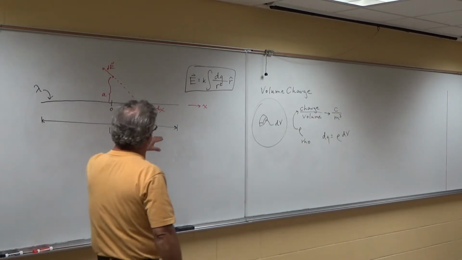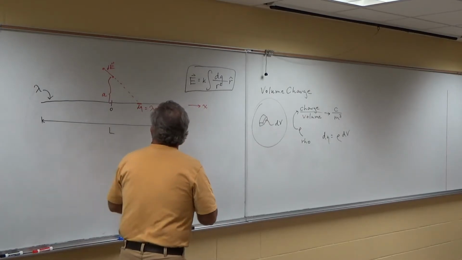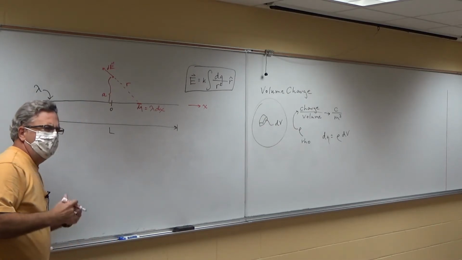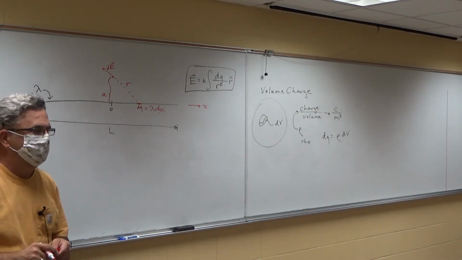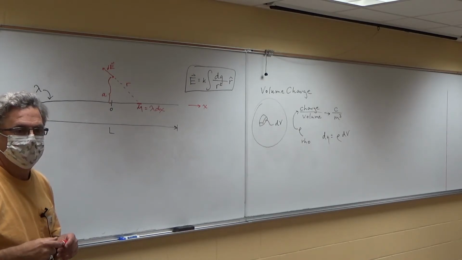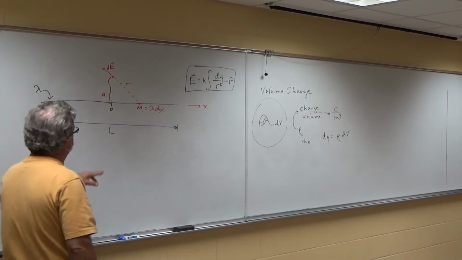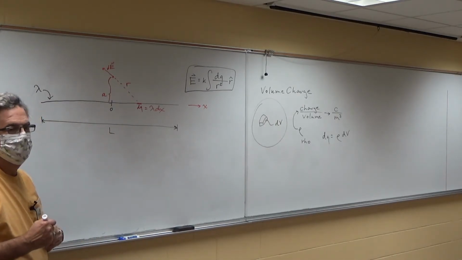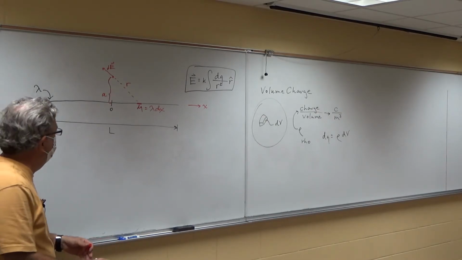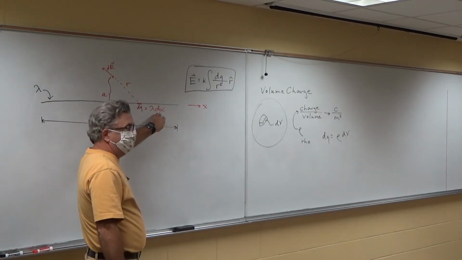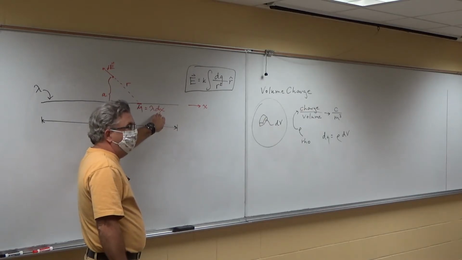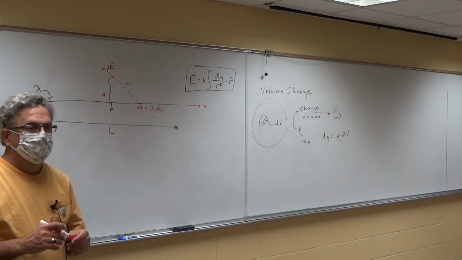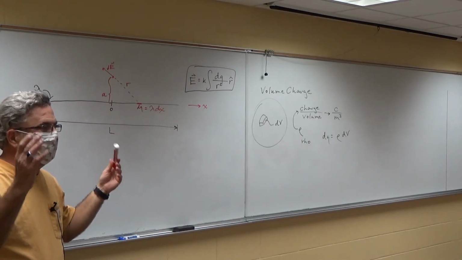We also need r squared. This distance is r. R is always the distance from the charge to the point of interest. So what is r squared? We're going to be integrating over x, since we have dx here. You always integrate over wherever the charge lives. Why would you integrate anywhere else?